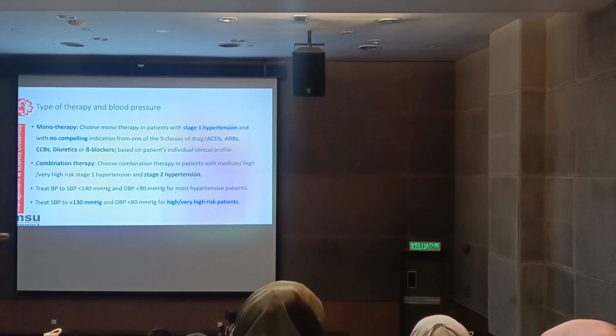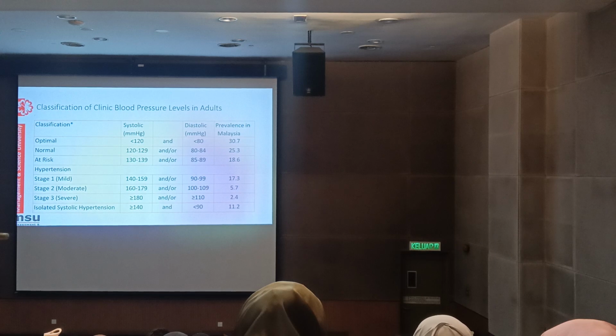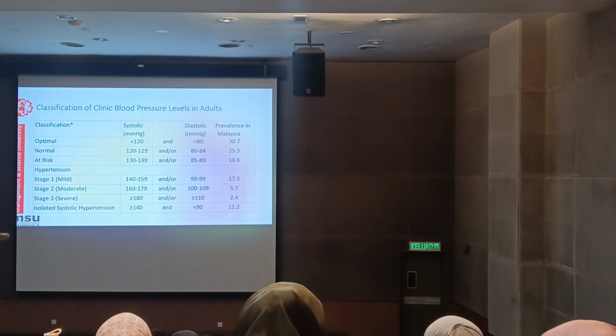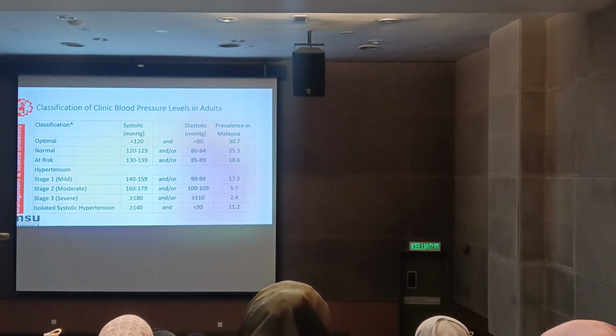Okay, and less than 80 in the estimate. And this is the categorization for the blood pressure. Optimal should be less than 120 systolic and less than 80 diastolic.